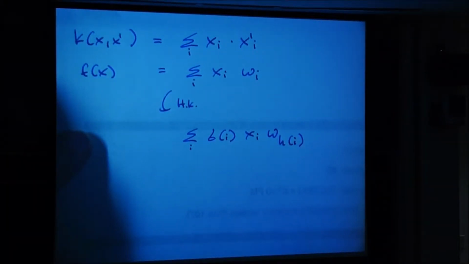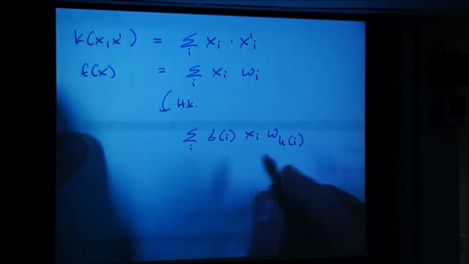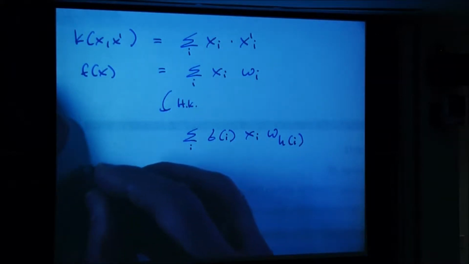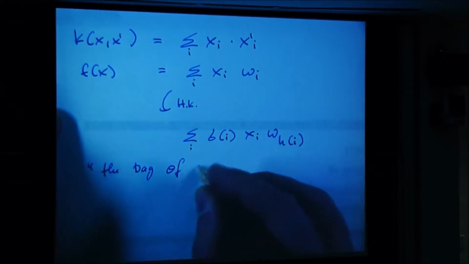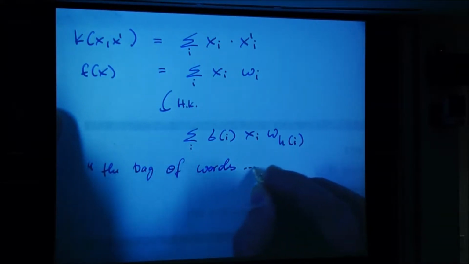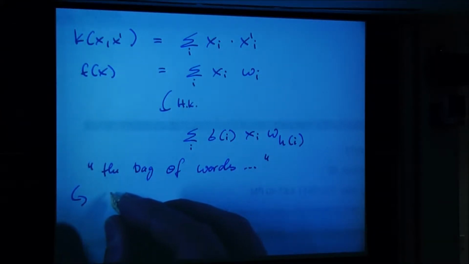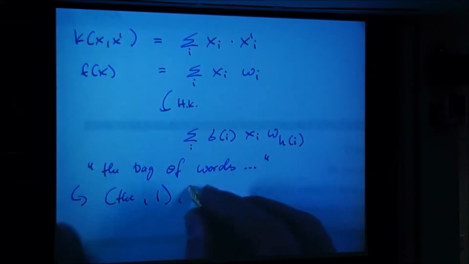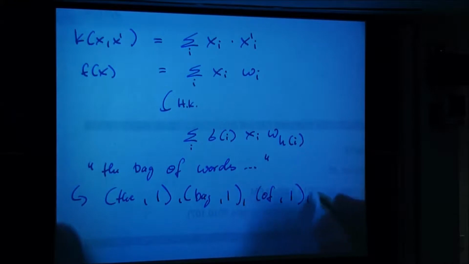Now, if, for instance, x was a document, something like a bag of words, then you would map this into the following sparse vector: the 1, bag 1, of 1, and words 1.